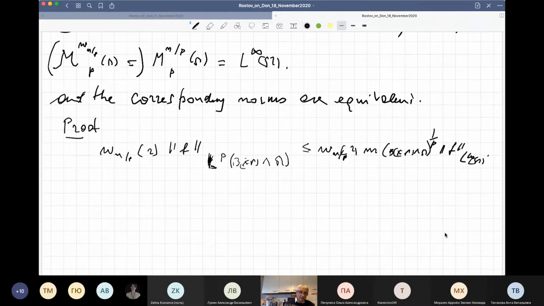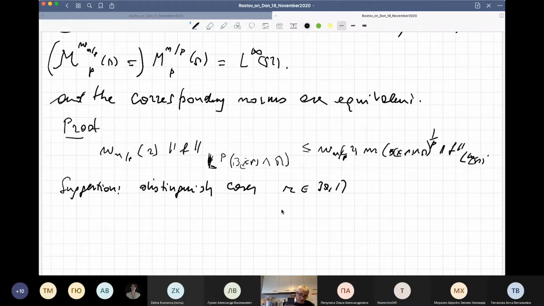And then distinguish cases. Cases are r in 0, 1, and r in 1 plus infinity.